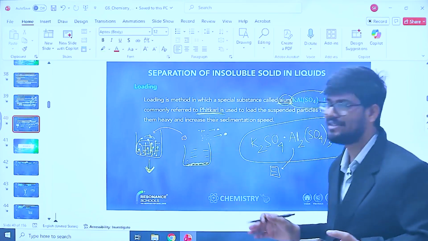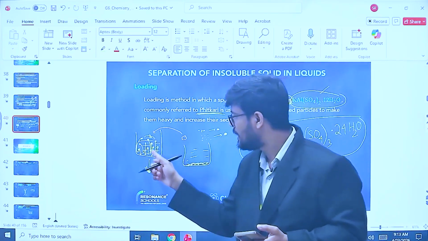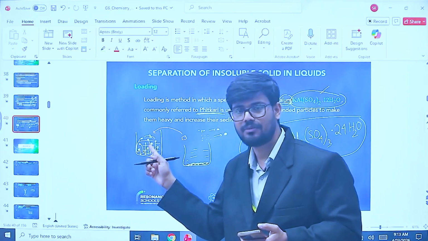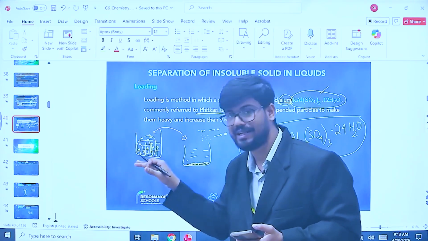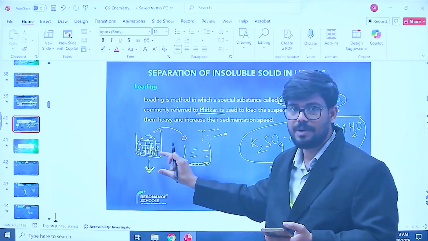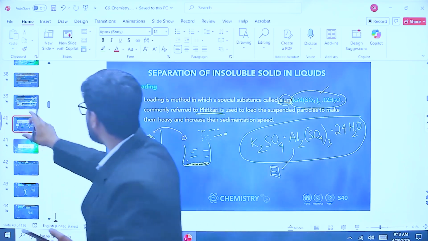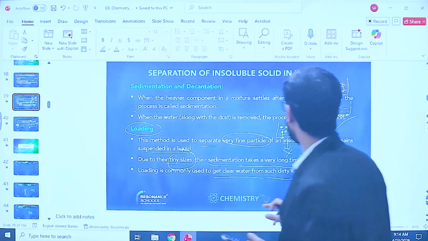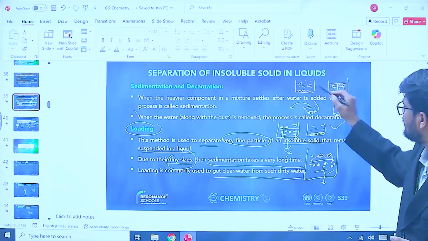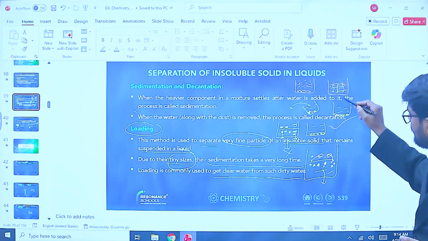Decantation. See, decantation means first sedimentation happens, means all these particles go down and settle, and above that part water is there. Now how will you separate these two things? The diagram is also there. Here, see, all the mixture is there. Now all particles are coming down.